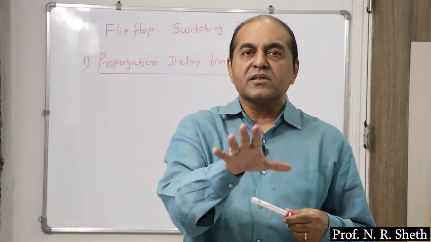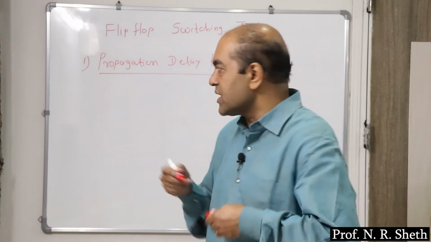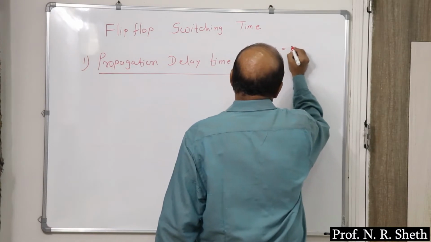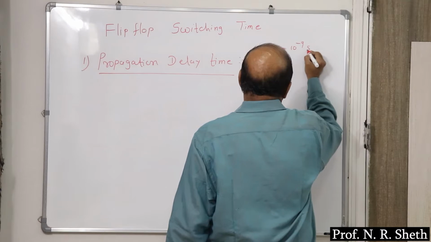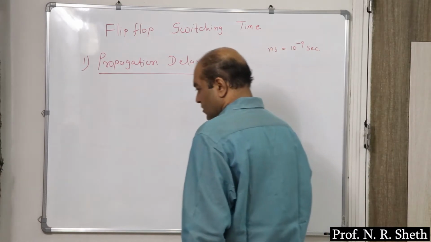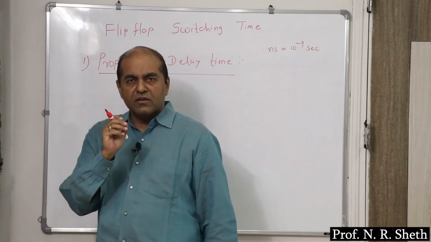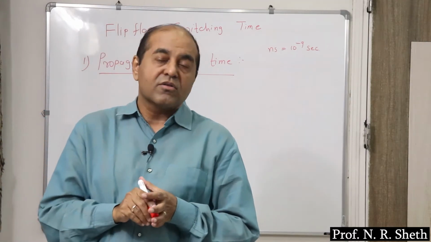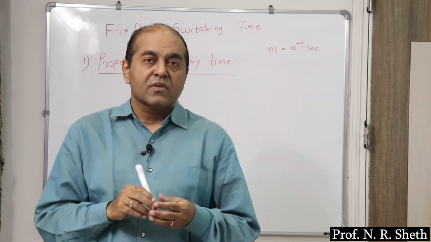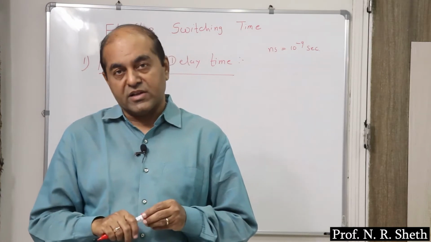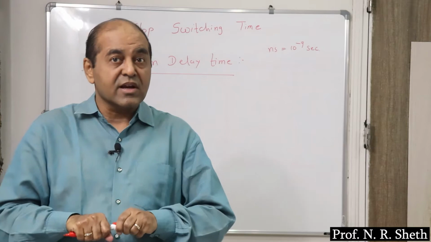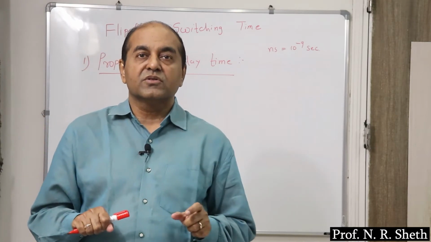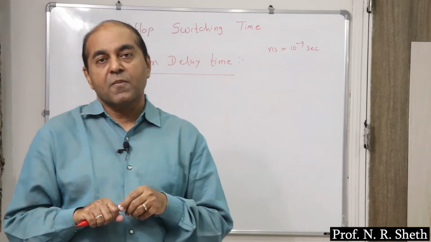That time definitely is in terms of nanosecond. 1 nanosecond means 10 raised to minus 9 second. It's a very small time, but this time diode or transistor take to change the state. And this timing is the main cause for the propagation delay time.